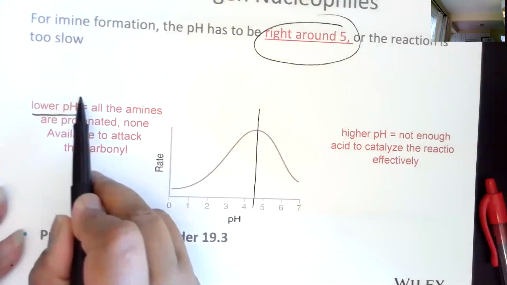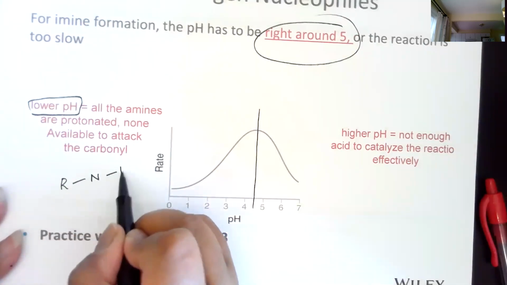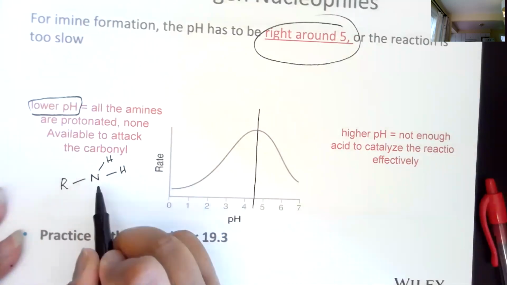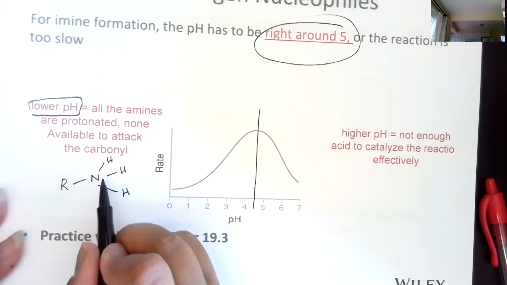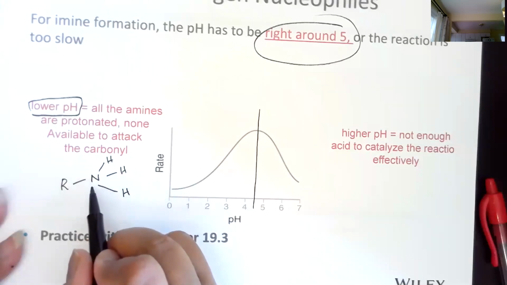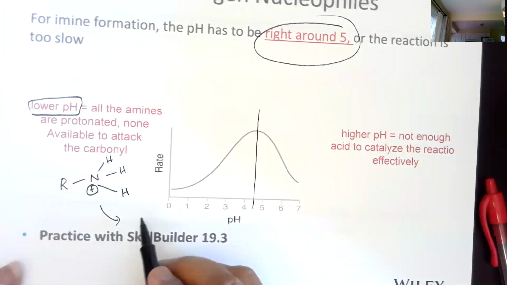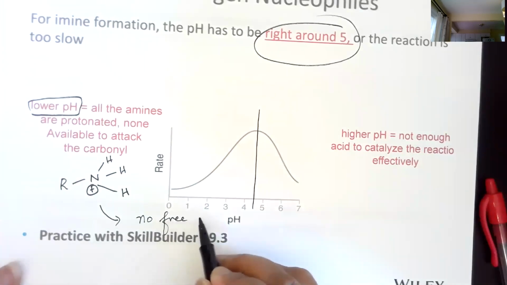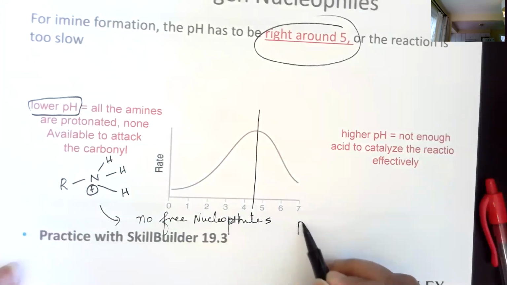When you have a lower pH, like we said, all your primary amines are protonated. Because you need a free nucleophile. No free nucleophiles. You want them free like this.